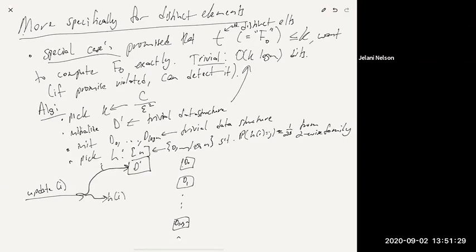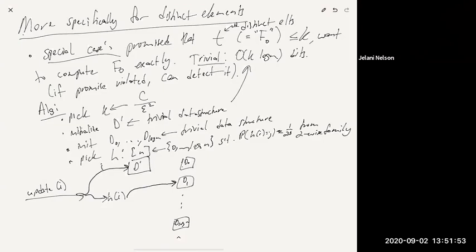h of i is going to give you a random one of these data structures. It's going to be biased toward d0. Half the indices get sent to d0. A quarter of the indices get sent to d1. An eighth gets sent to d2, etc. Most of the time it goes to a lower d. So it's going to send you to a random one, but with this geometric bias. And that's how you process an update.